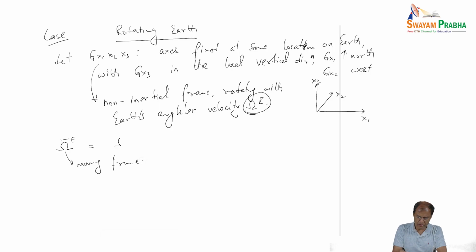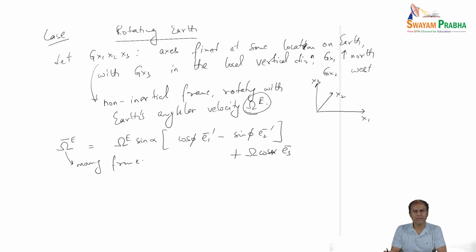So omega bar is omega e sin alpha (cos phi E1 prime minus sin phi E2 prime) plus omega e cos alpha E3 bar. Okay, so E3 bar is the same as E3 bar prime because this is the same vertical in both the axes. So here we have found the impact of the Earth's rotation on the moving frame.